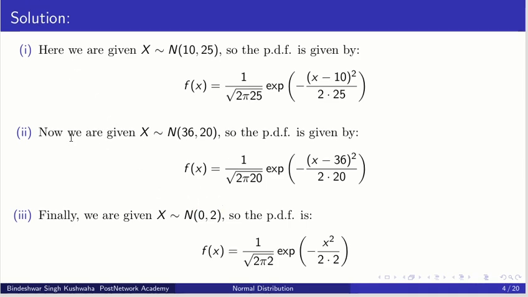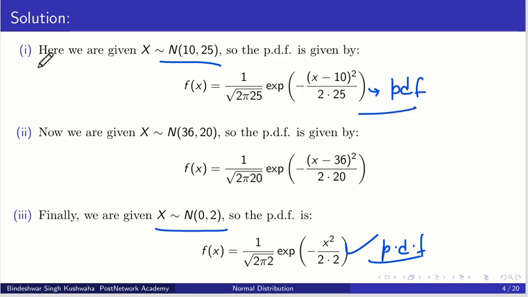Because the mean is 0, the PDF is 1 upon under root 2 pi times 2, actually it would be 4 pi, and the exponential is e raised to minus x square upon 2 into 2, that means 4. These are the problems when you are given the distribution and its parameters and you need to find the PDF.